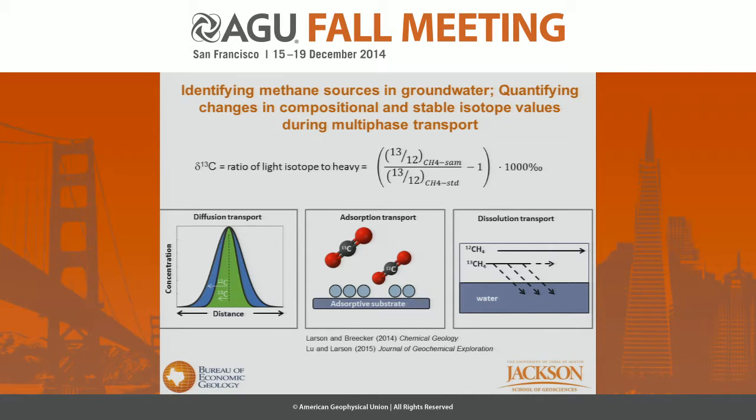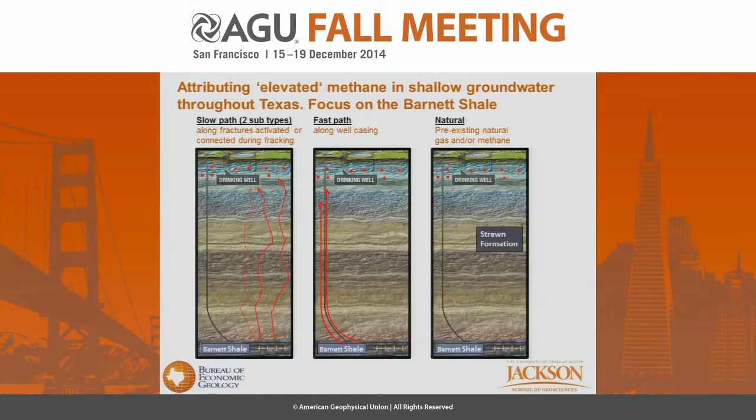We have a model now that takes into account these solubility differences in methane, ethane, and propane. I think you're all familiar with the problem at hand. I've outlined four potential scenarios for what's been termed fugitive methane, essentially three different transport processes. The one on your left is this fast path, and there are actually two inside there.